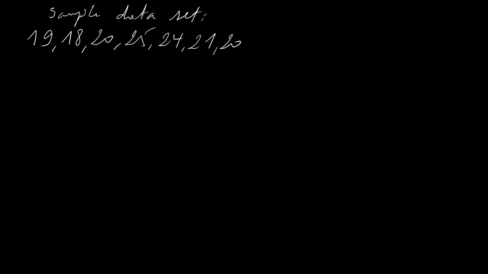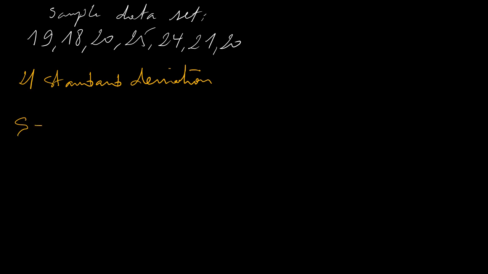So the second measure of variation is called the standard deviation. And standard deviation is given by the following formula.